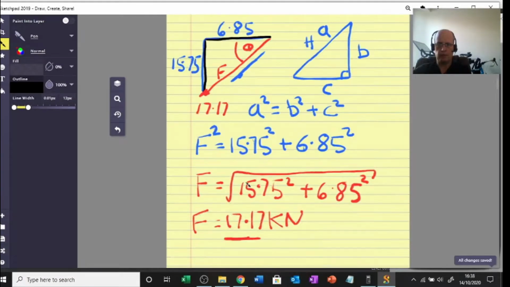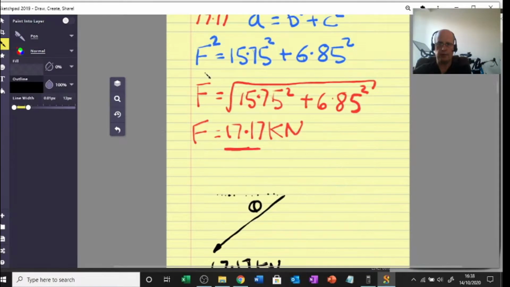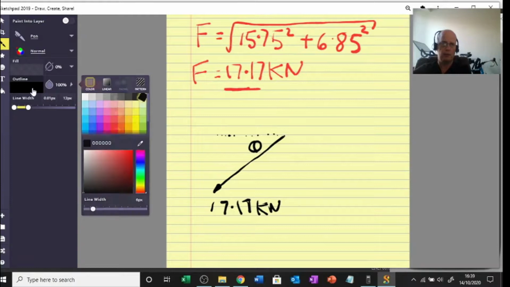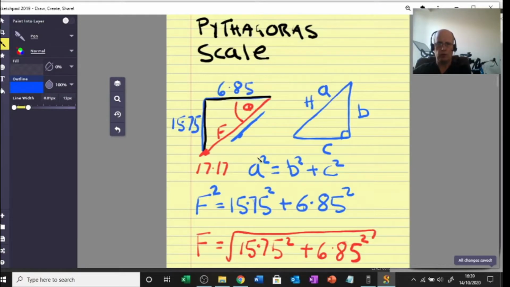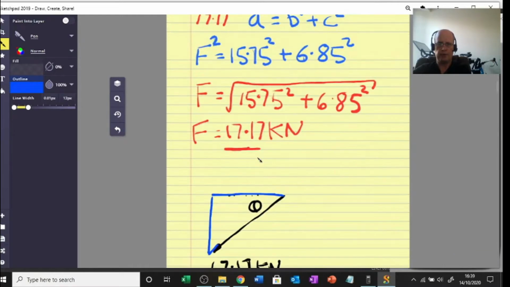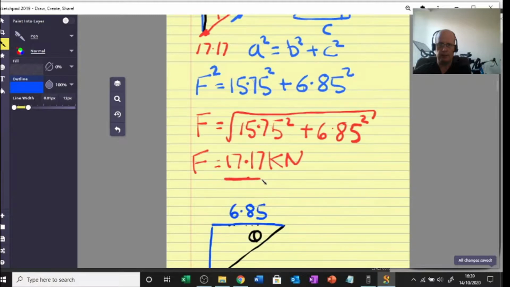Again, all I've got is a triangle. I've got 6.85 there, and I've got 15.75 there, so I can still draw this triangle. That's one side of my triangle, this is the other side, and they should meet like that. So this is 6.85, and this is 15.75.